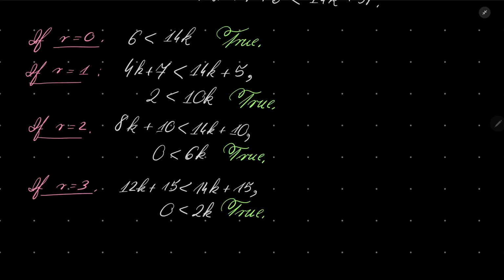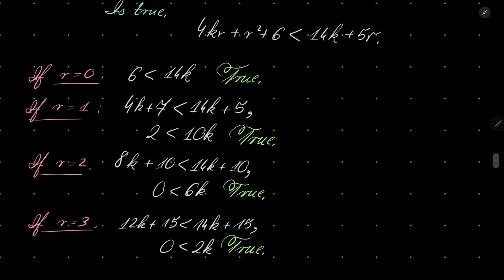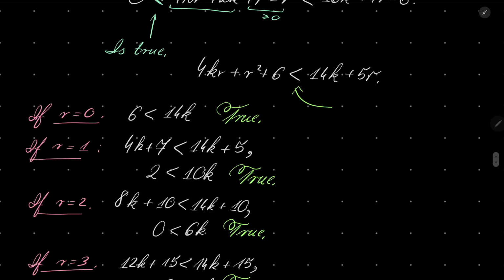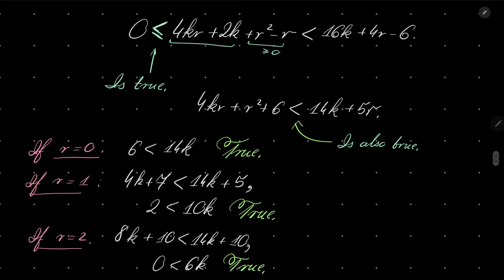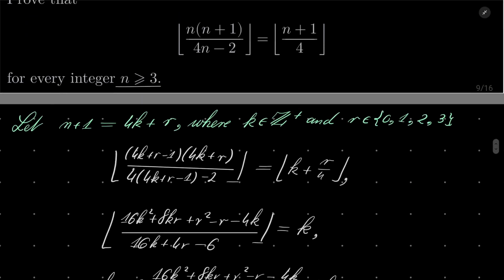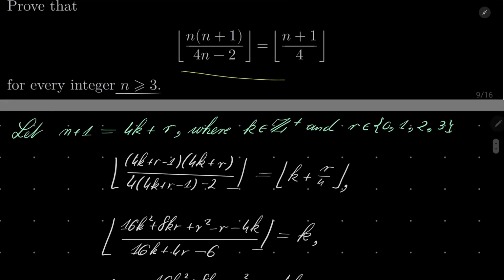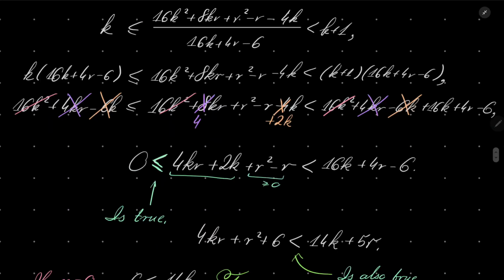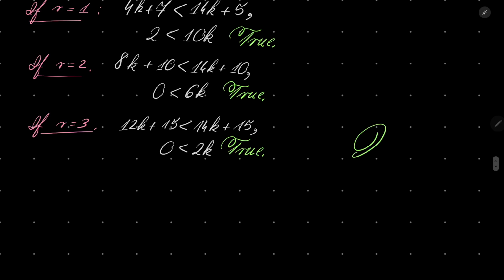So in every case, both of our inequalities are true. So now we know that this right here is also true, which is equivalent to saying, all of that was equivalent to saying that our equality with floors actually is true. So that closes our proof.